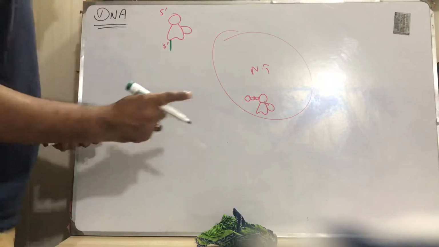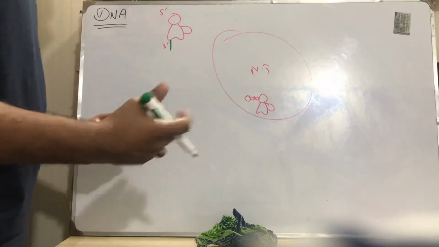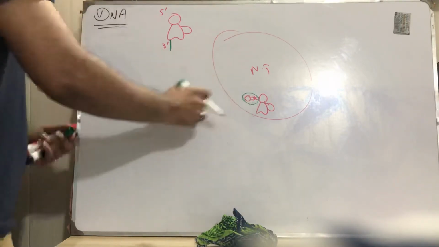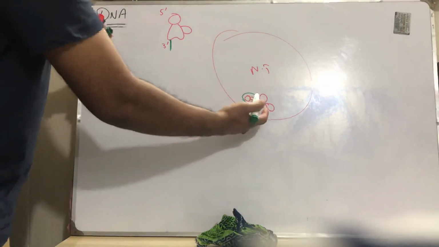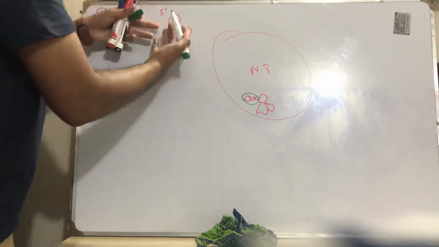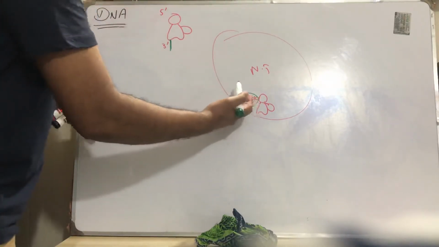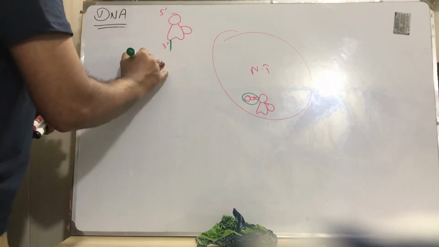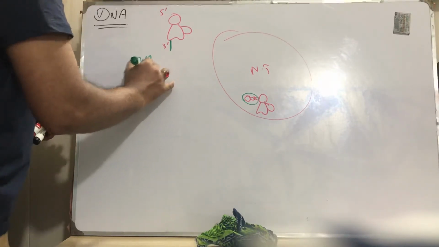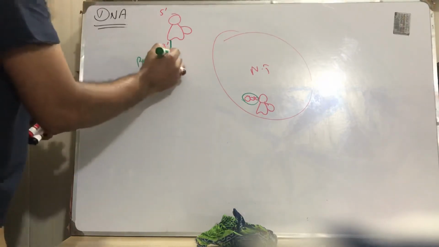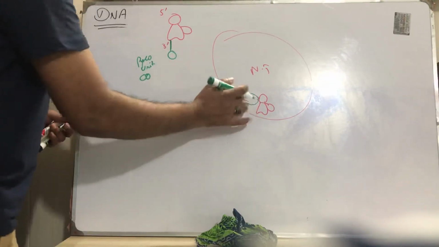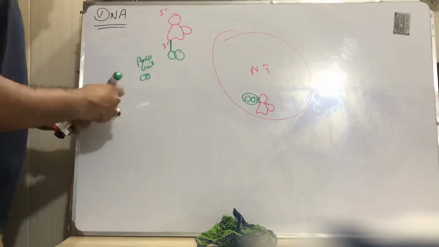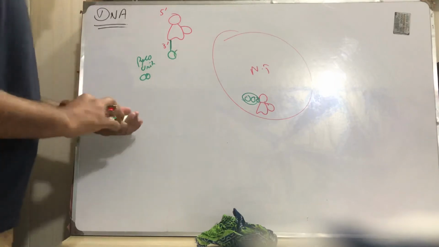For this purpose the enzymes need energy, and the energy comes from these phosphate-bearing compounds. When the enzymes attach this nucleotide to that nucleotide, two phosphates are removed, called pyrophosphate. Two phosphates are removed, and one phosphate remains attached, and that is your next nucleotide.